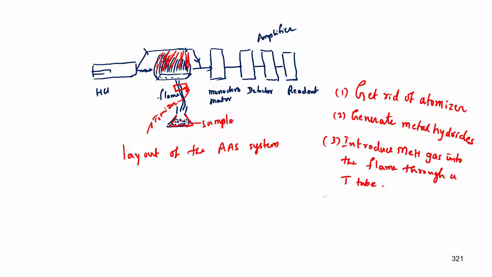Okay. Now, this T tube is essentially a tube like this, a quartz tube, in which metal hydride is introduced into the flame.